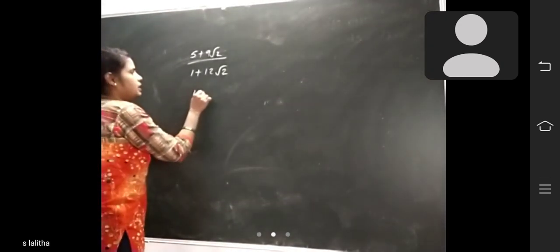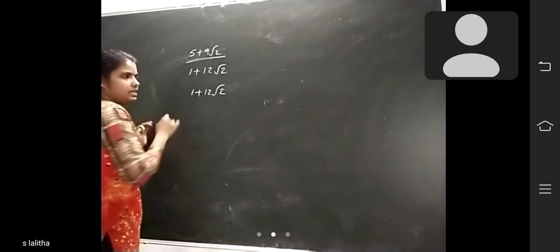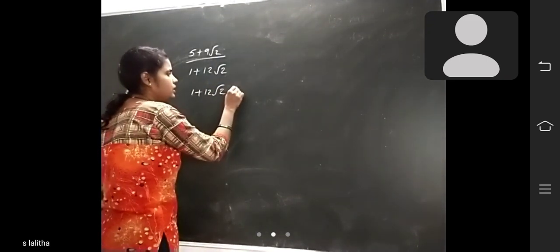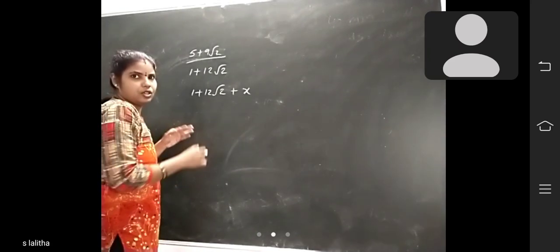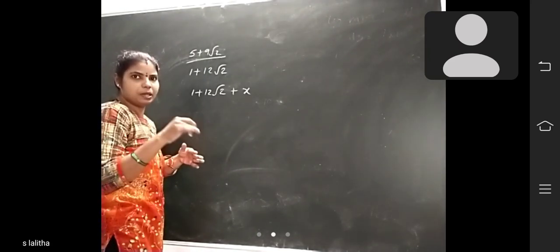So 5 plus 9 root 2, the average is given, and one of the numbers, 1 plus 12 root 2, is given. Another number we don't know, that's why we are taking x. So average means a plus b by 2.